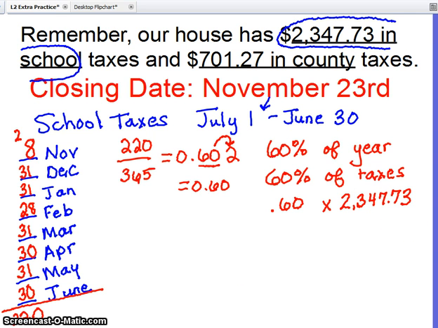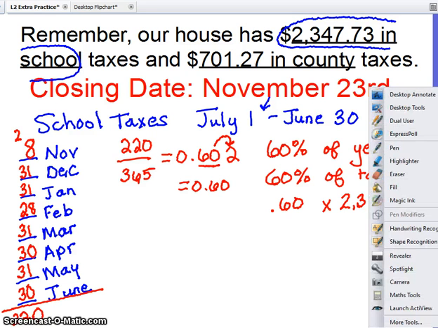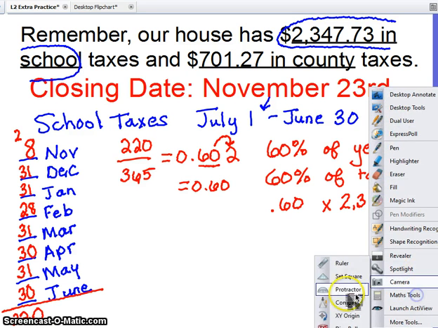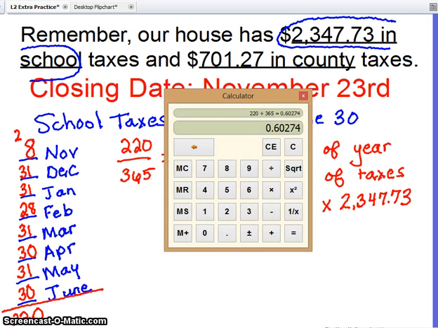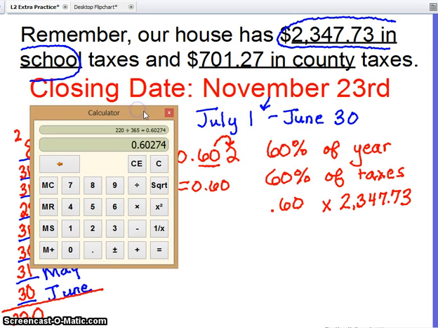So if we use our calculator and we multiply 0.60 times $2,347.73, what we're really multiplying is the percent of the year that we own the house by the taxes.